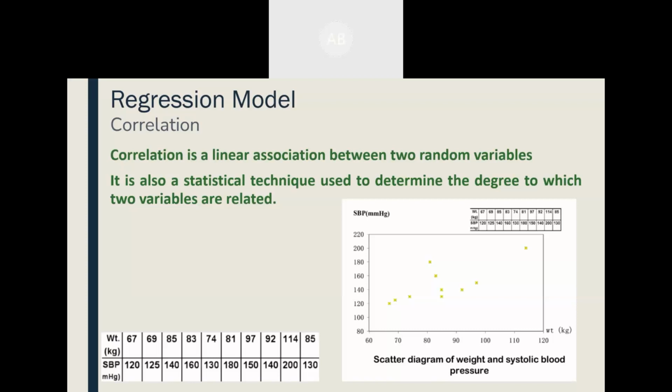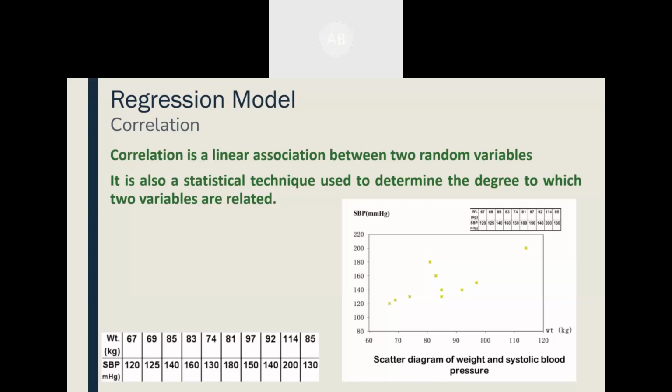In this example, one variable is a person's weight. We are plotting on the x-axis the weight of a person, and on the y-axis the blood pressure. So do you think there is a relationship between the weight and the blood pressure? That is how we are going to discover it.